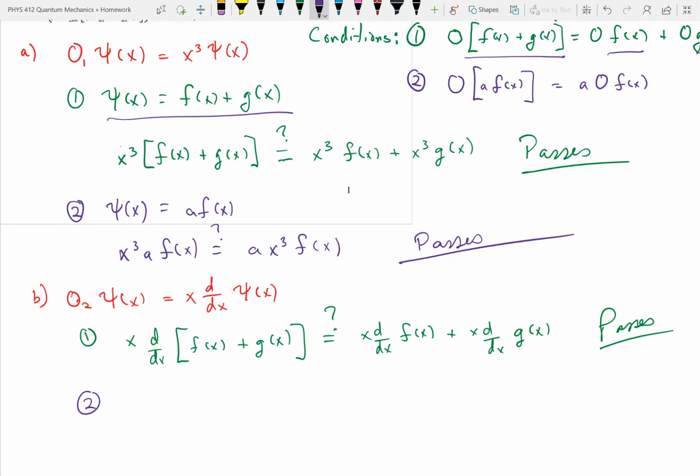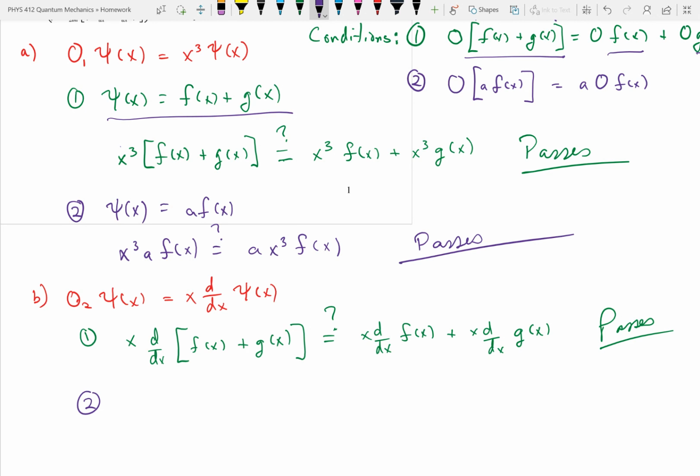Out of curiosity, with these, can we apply these tests to just anything? Does it have to be a specific example or a specific use? You could find something that is not a linear function. You could find a psi that it works for. For instance, if you say psi is equal to a constant, it probably is going to pass whether it's linear or not.